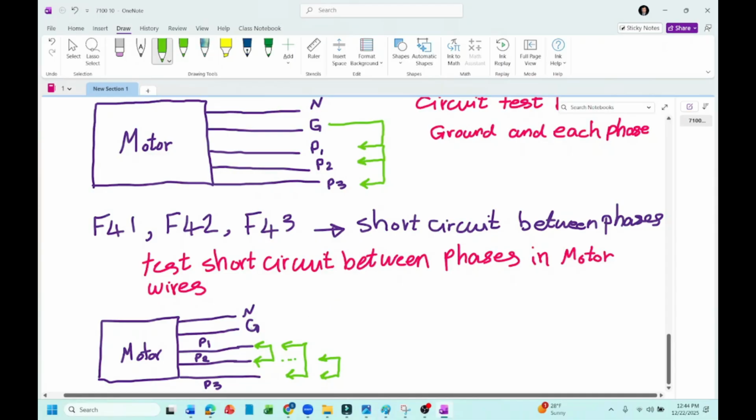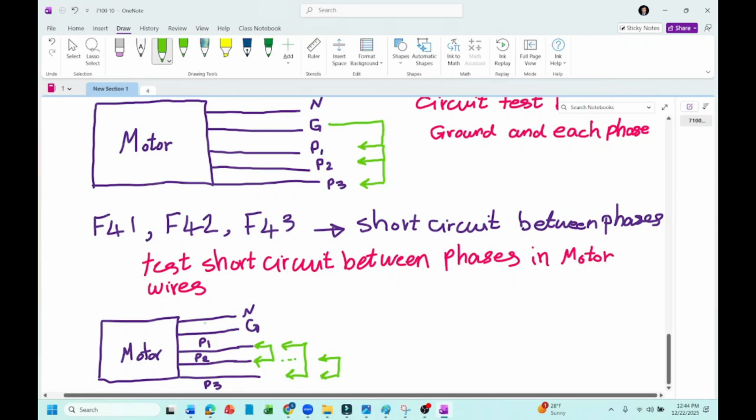First disconnect your motor from the VFD, and for F41, 42, 43 you should check the short circuit between phases. Put the DMM on the short circuit test, and test between P1 and P2, P1 and P3, and also P2 to P3.